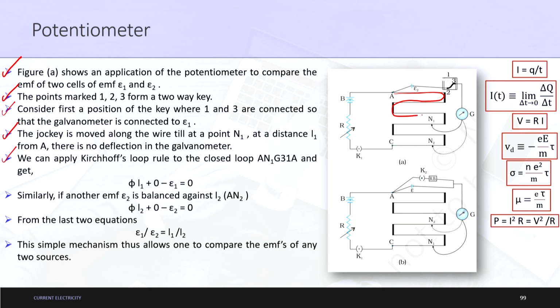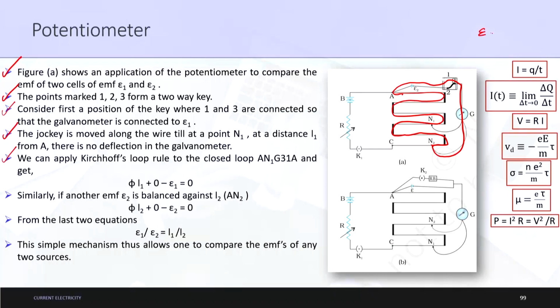It goes like this, like this, and after this we move in this sequence. This is the thing being done here. Now the potential passed by the EMF epsilon 2 will be utilized by the potential drop from point A to length N2. Therefore, epsilon 2 is nothing but phi into L2.